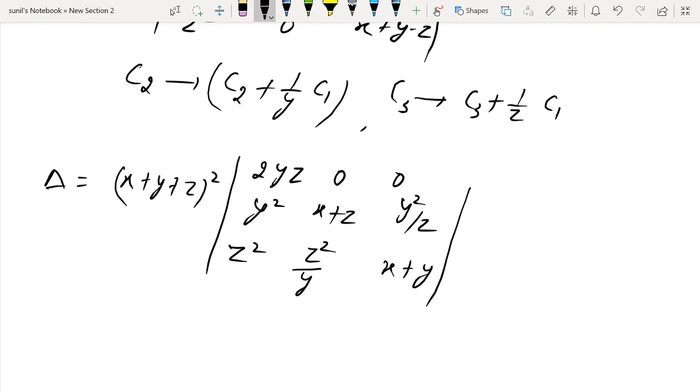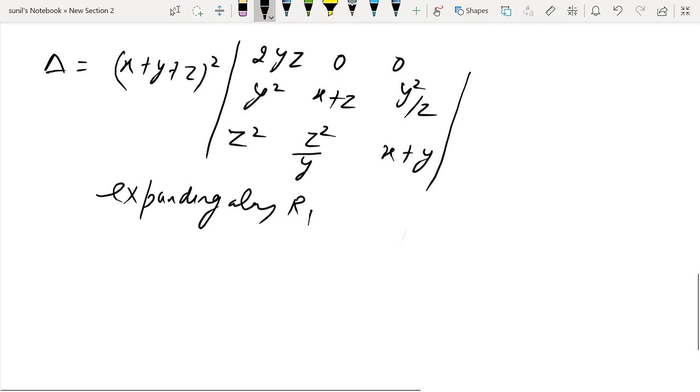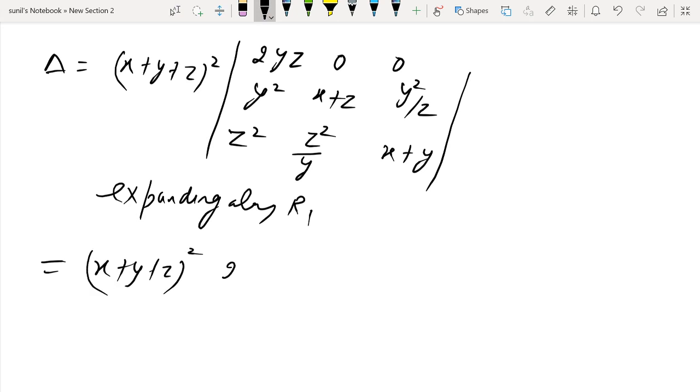Now expanding along R1. Now what is going to happen? 2yz times (x plus z) multiplied by (x plus y) minus xy.